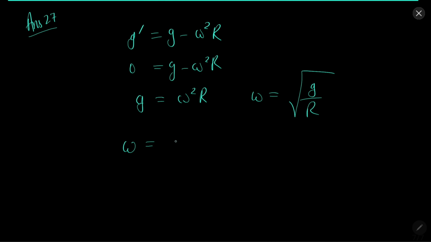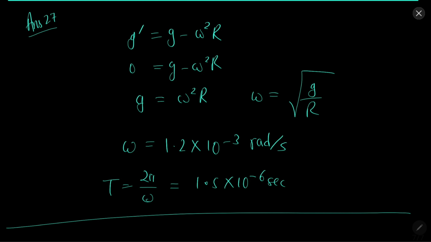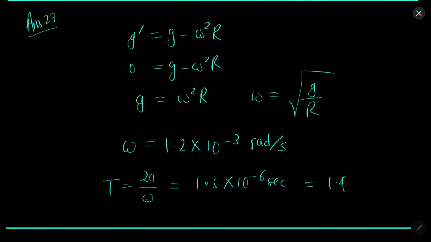Once we solve this, omega will be 1.2 into 10 to the power minus 3 radian per second. And if you want to find the time period, it can be found out by 2 pi by omega. So it will be 1.41 into 10 to the power 3 seconds, or in hours it will be 1.41 hours.